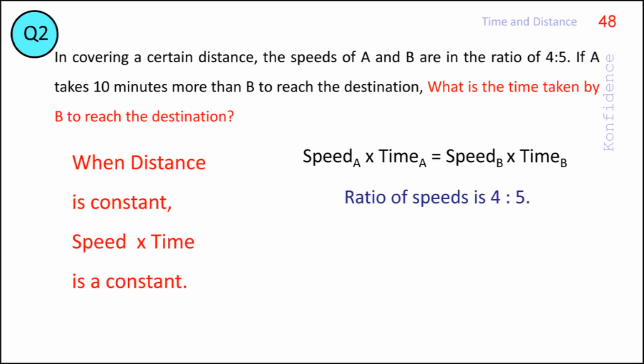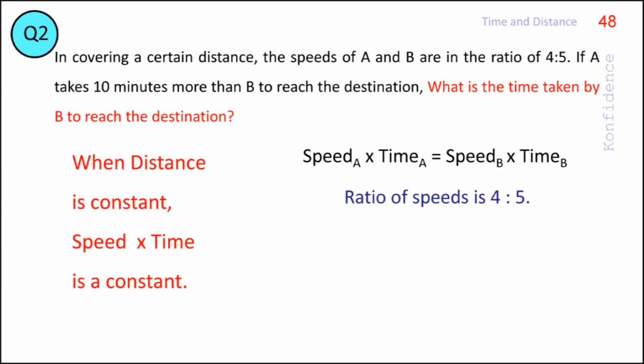It is given that the ratio of speeds of A and B is 4 is to 5. What does that mean? It means that if the speed of A is 4, then the speed of B is 5. If the speed of A is 8, then the speed of B is 10. If the speed of A is 40, then the speed of B is 50, and so on.